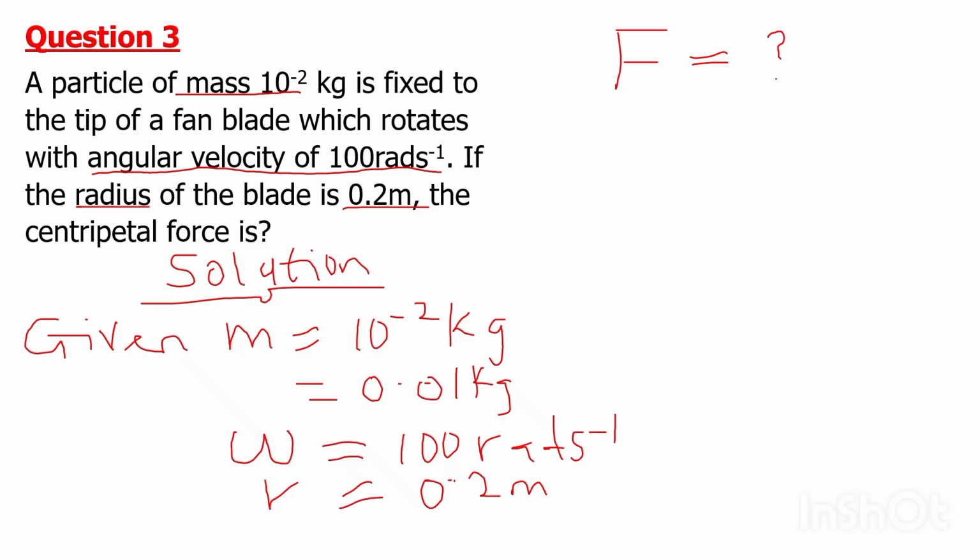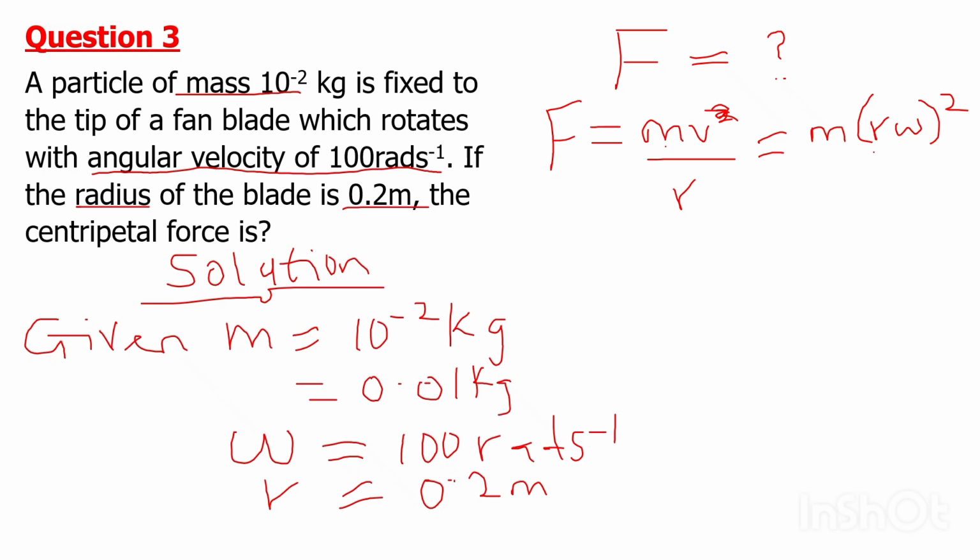So, let's derive. Remember that centripetal force F is equal to mv squared over r. In this case, V is not given, but there is a relationship between V and omega. So when you write mass as mass, velocity is the same thing as r omega. You square it. I've ended up writing this velocity as r omega.